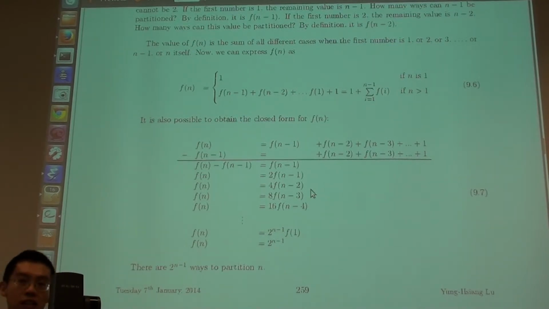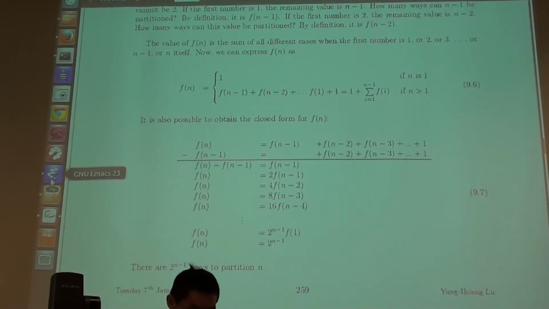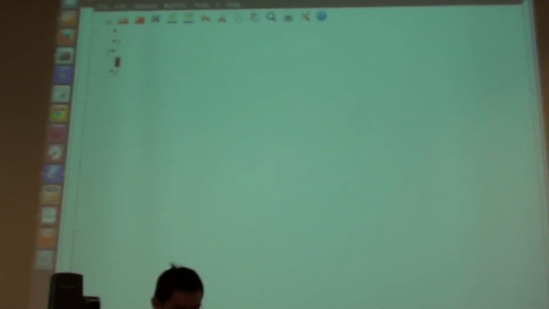Going twice? Alright, take out a piece of paper, let's practice this question. Suppose n is an even number.